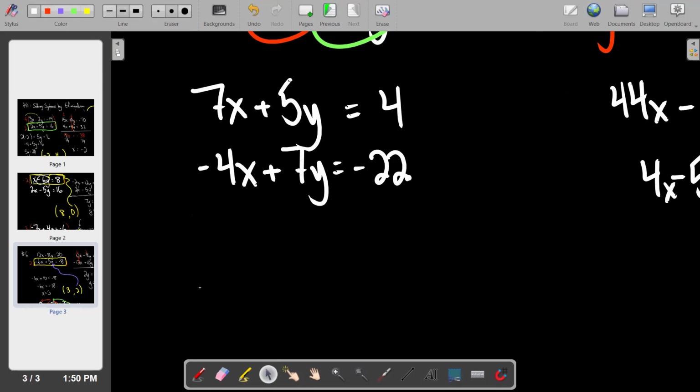I'm going to pick the X's just because then I don't have to mess with their signs. What do I want to turn 7 and 4 both into? No! You can't turn a 4 into a 21 unless you multiply it by 5.25. Ain't nobody got time for that. I like 28. So we're going to multiply by 4 and 7.